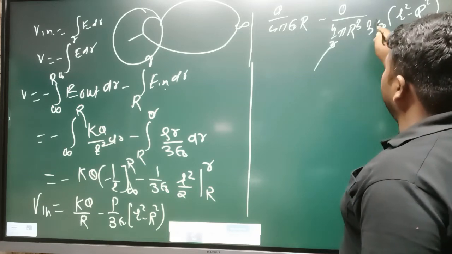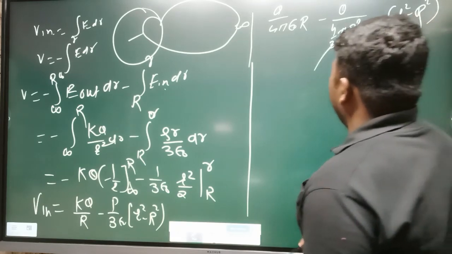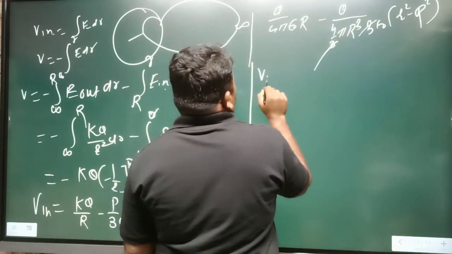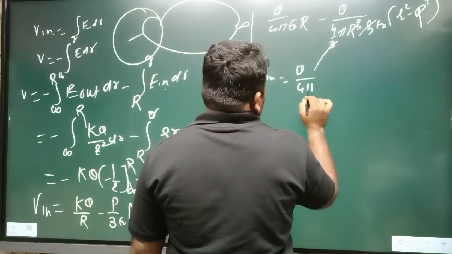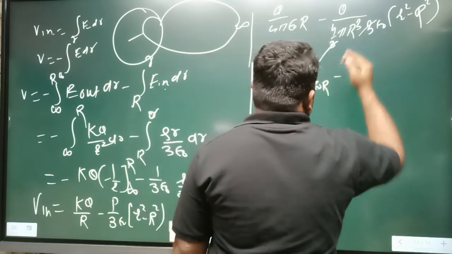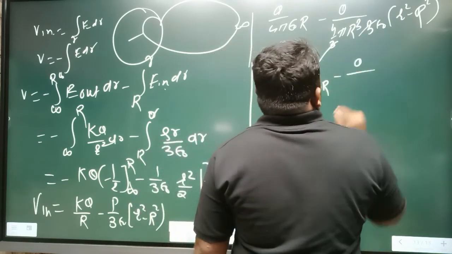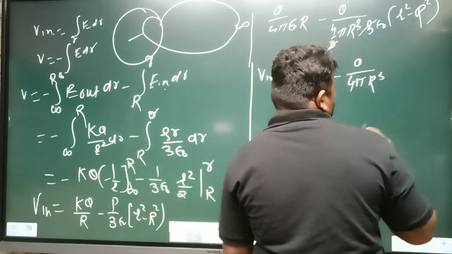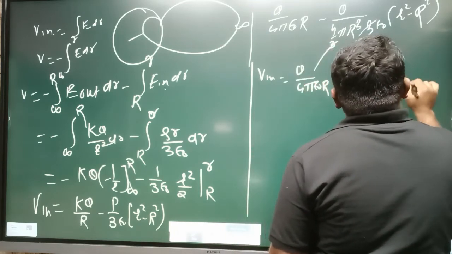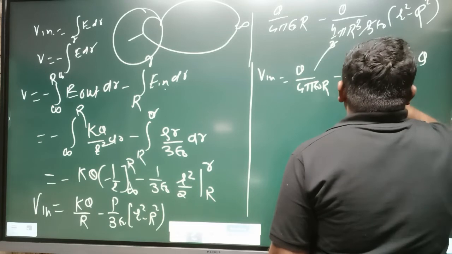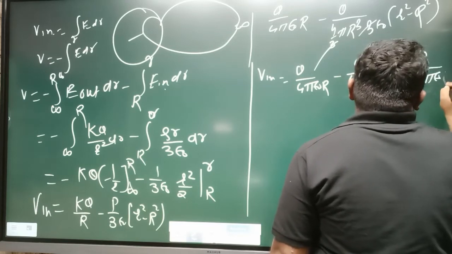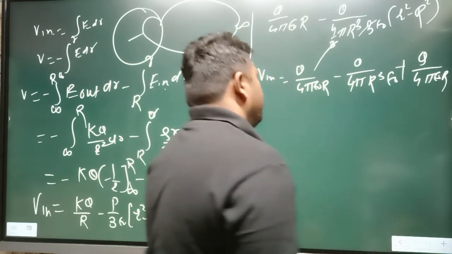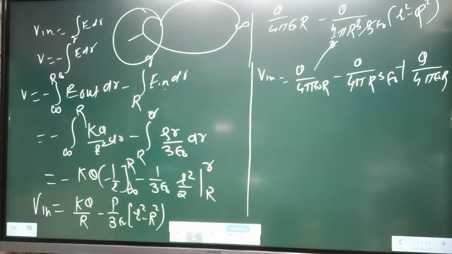This 3 gets cancelled. Then V in is equal to Q by 4 pi epsilon naught R minus Q upon 4 pi R to the power 3 epsilon naught, minus becomes plus, Q R square, 4 pi epsilon naught R, 4 pi epsilon naught R.